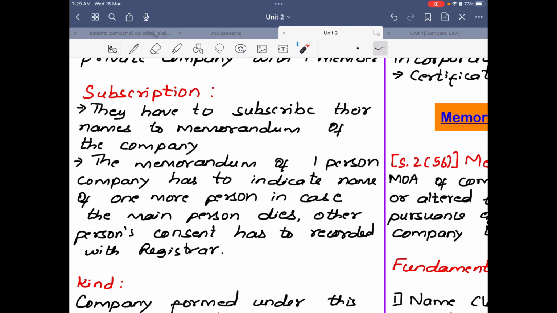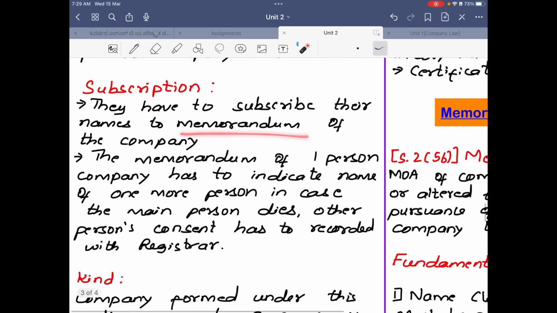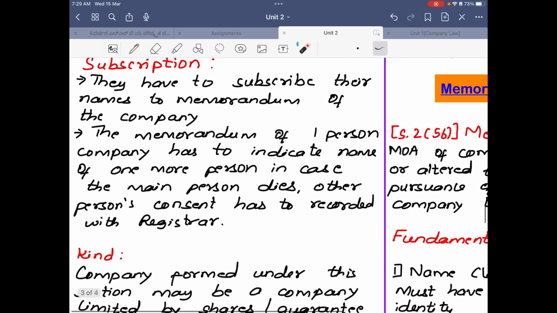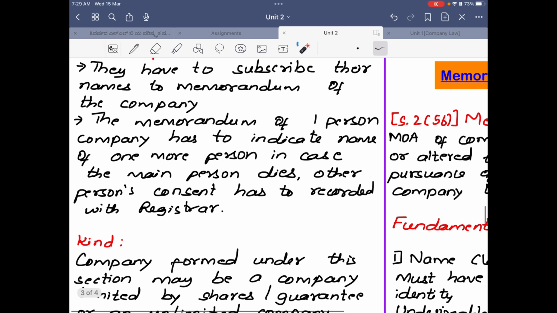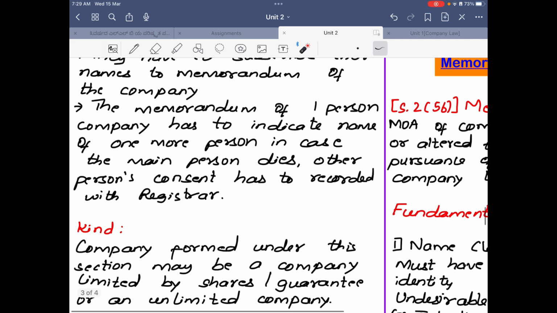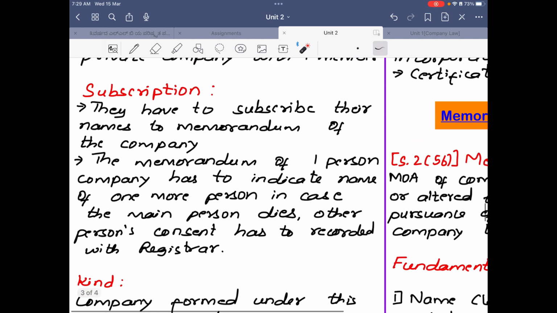In case the main person dies, the other person's consent has to be recorded with the registrar, so that the company exists. So this is the subscription.